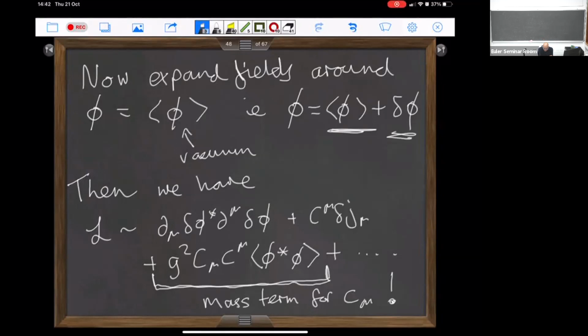So we get a mass term from this mechanism, and that's very nice, because we know that choosing a non-zero value of phi is not gauge invariant.